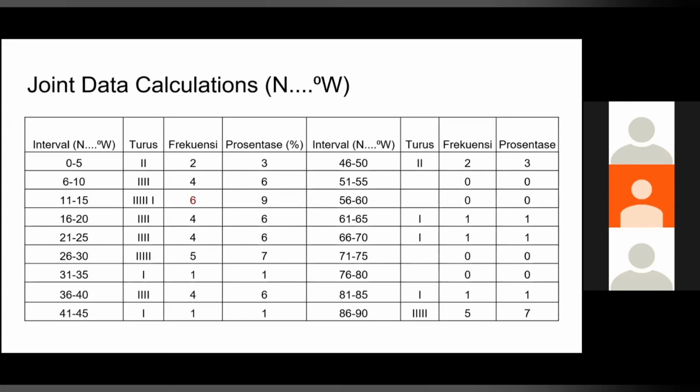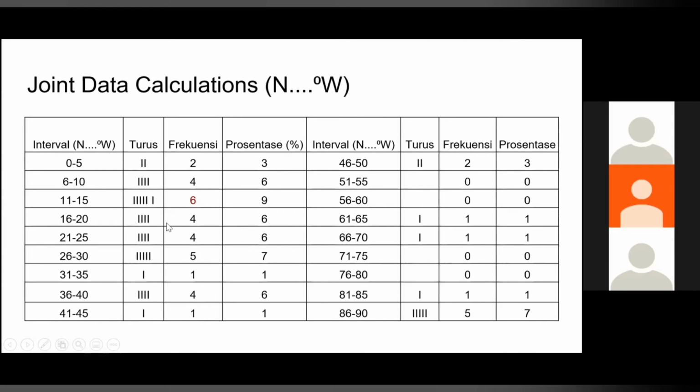In conducting the joint analysis, a joint measurement table based on the direction is needed. We have to create 5-degree intervals, calculate the frequency and percentage of each interval, and calculate the percentage of each interval against all measurements. In this part, we have the joint data calculation for northwest data.